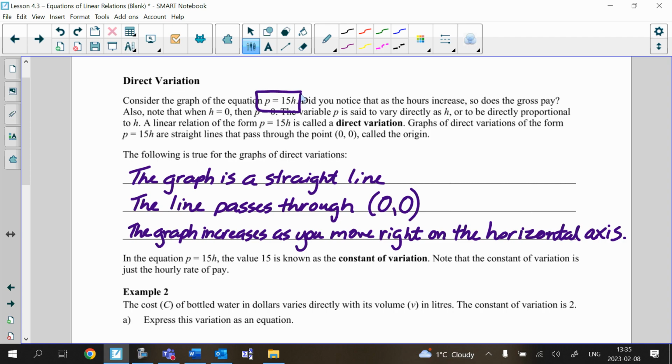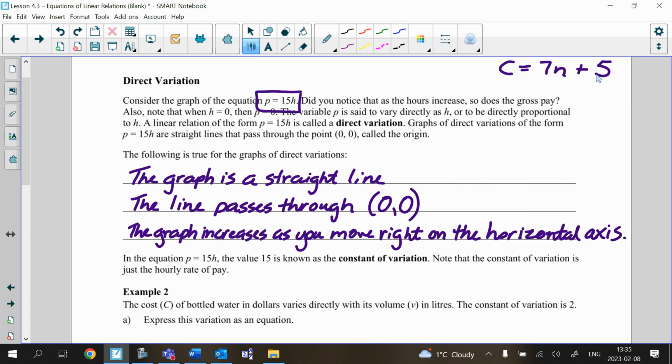So like if I said C equals 7n, that's direct. But if I put something after it, that's no longer direct. That's a different type. So direct just has one single number in it and two variables.